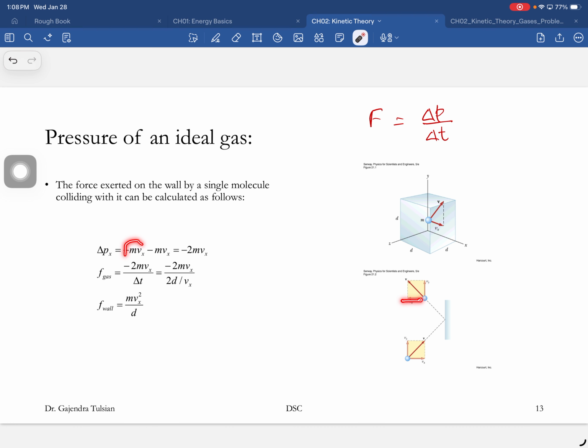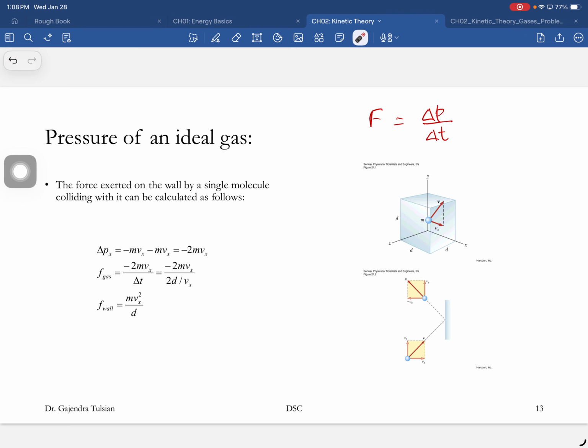On the wall, it's an equal and opposite force, so the 2 cancels. It's m vx squared divided by d. For a single collision, the force this molecule exerted on the wall was that.